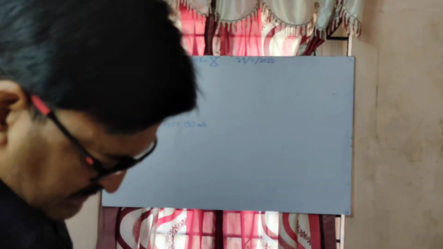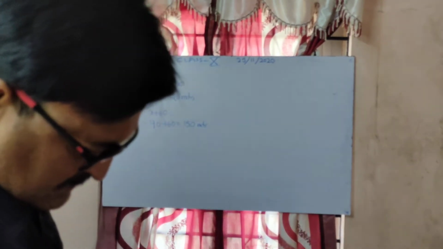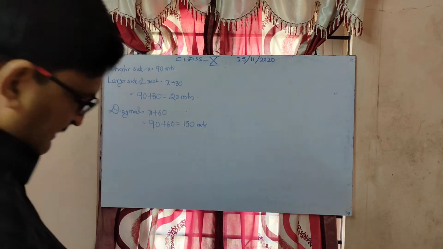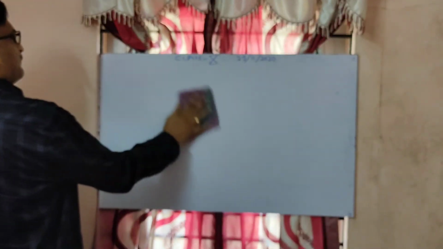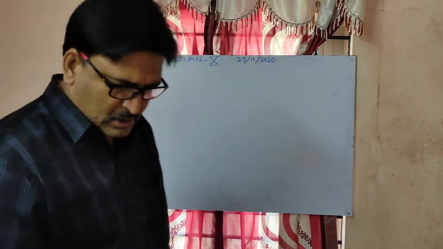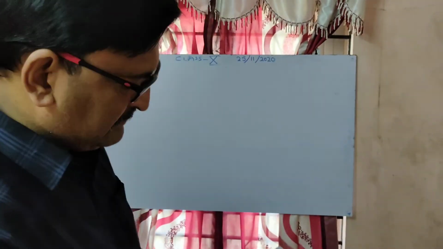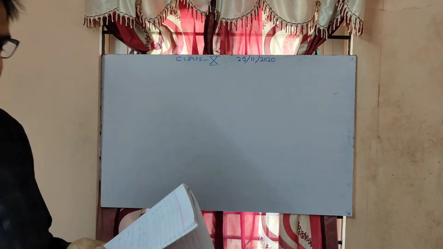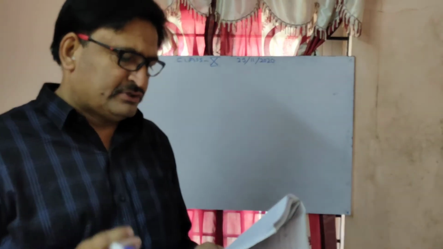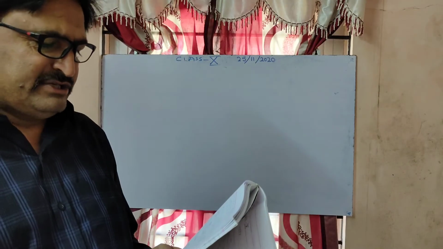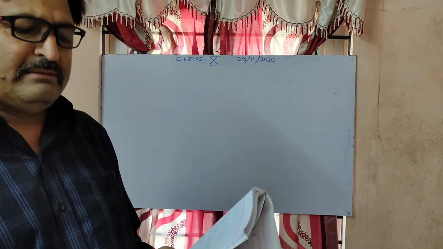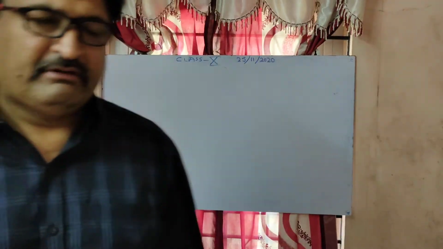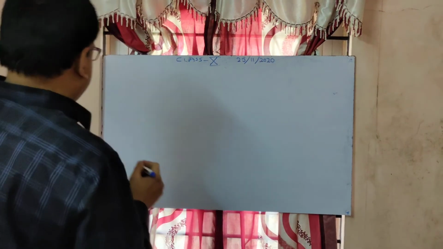Okay, the next example now, that is the seventh example. The difference of squares of two numbers is 180.